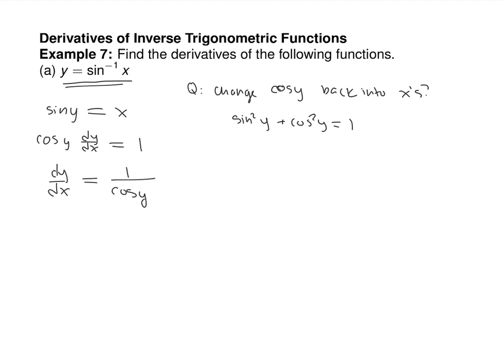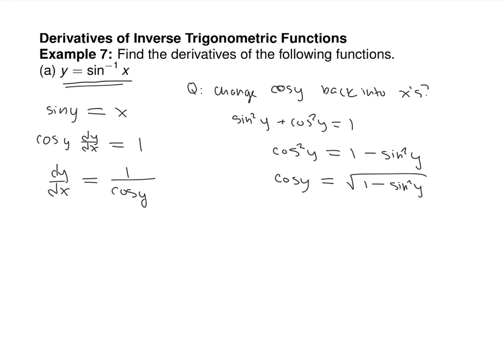Okay? So then cosine squared y is 1 minus sine squared y. Make sense? And so cosine y is root 1 minus sine squared y. Technically that's plus or minus, but because this was positive, we know we're using a positive one of them.